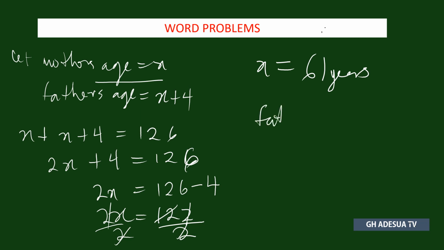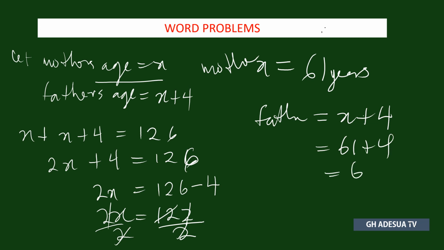Now the age of the mother is x, so the mother will be 61. Then the father, who is x plus 4, is 61 plus 4, which is equal to 65.